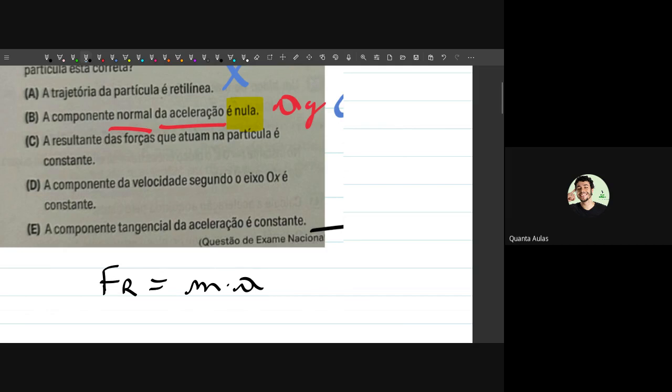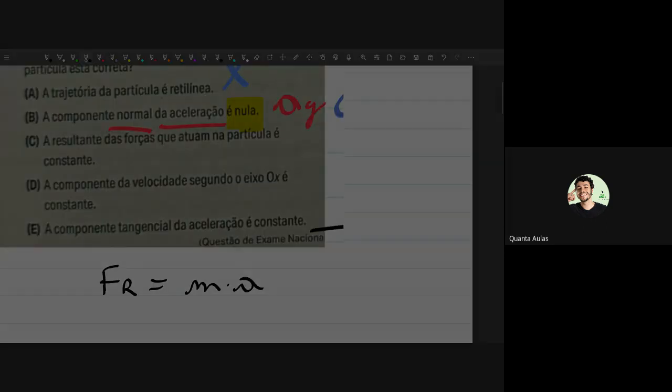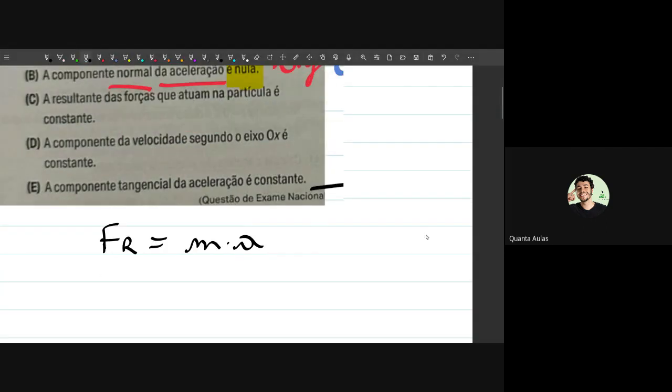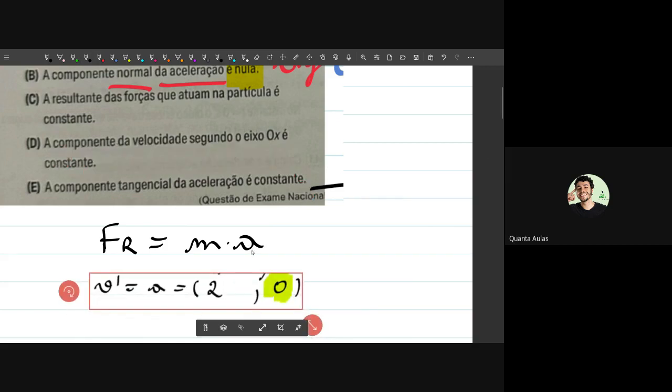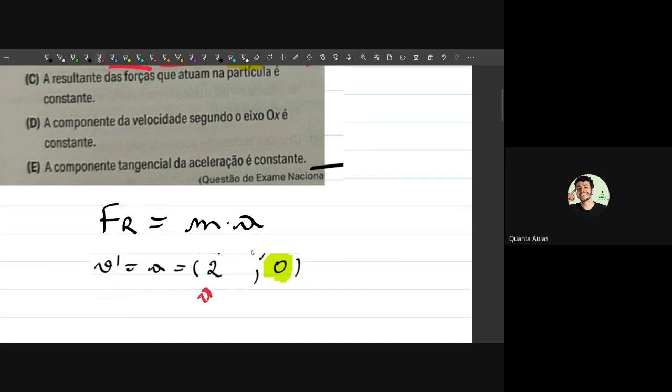Let me see the acceleration in the other question. If you see with me here, the acceleration in the other question, we have 2 for acceleration in x and 0 for acceleration in y.